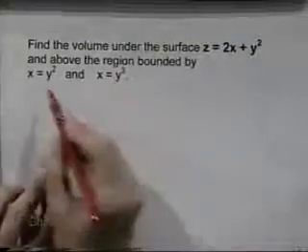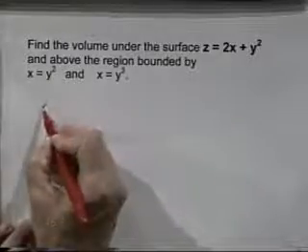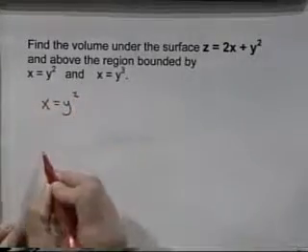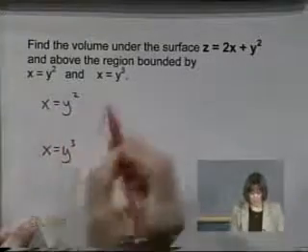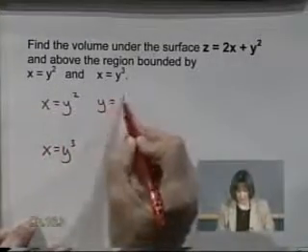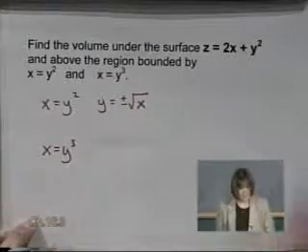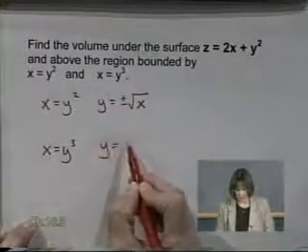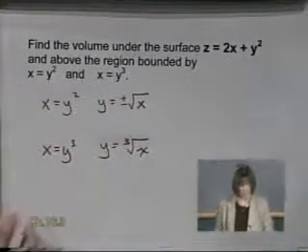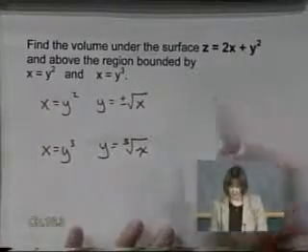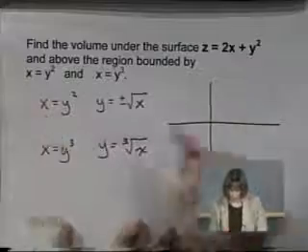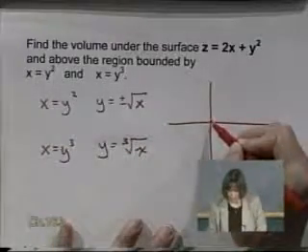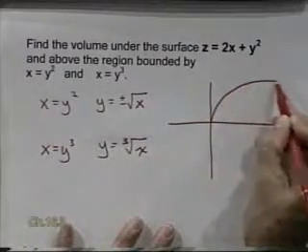First of all, I'm going to draw these two. We have x equals y squared and x equals y cubed. This one, if I solve for y, is y equals plus or minus the square root of x. This one, if I solve for y, it's y equals cube root of x. Okay? If I draw it, y equals plus or minus the square root of x, you can go this way.